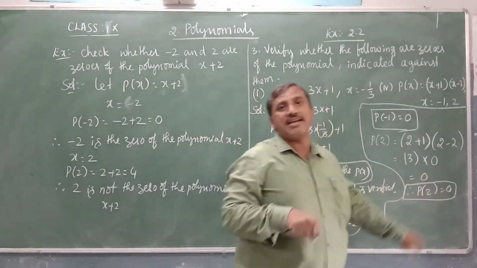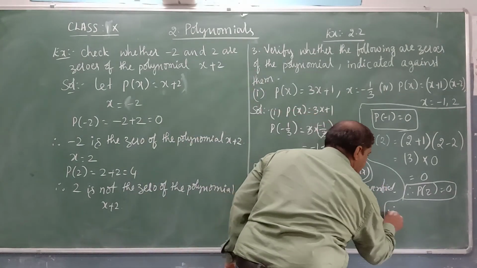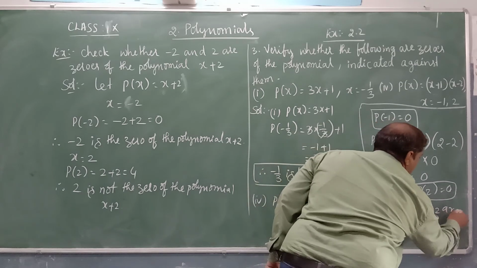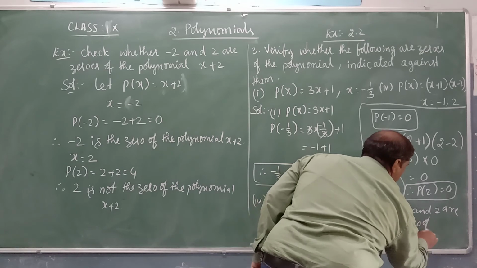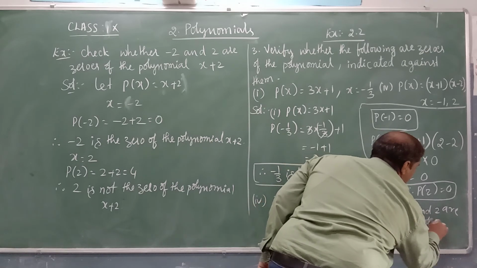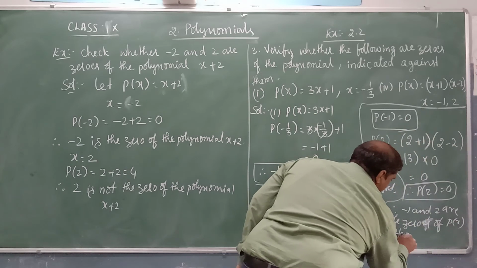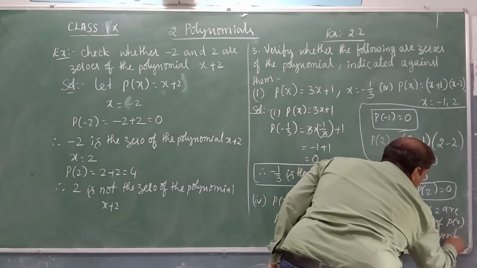Then that number is the 0 of the polynomial. Therefore, minus 1 and 2 are the zeros of P of x. Hence it is verified.